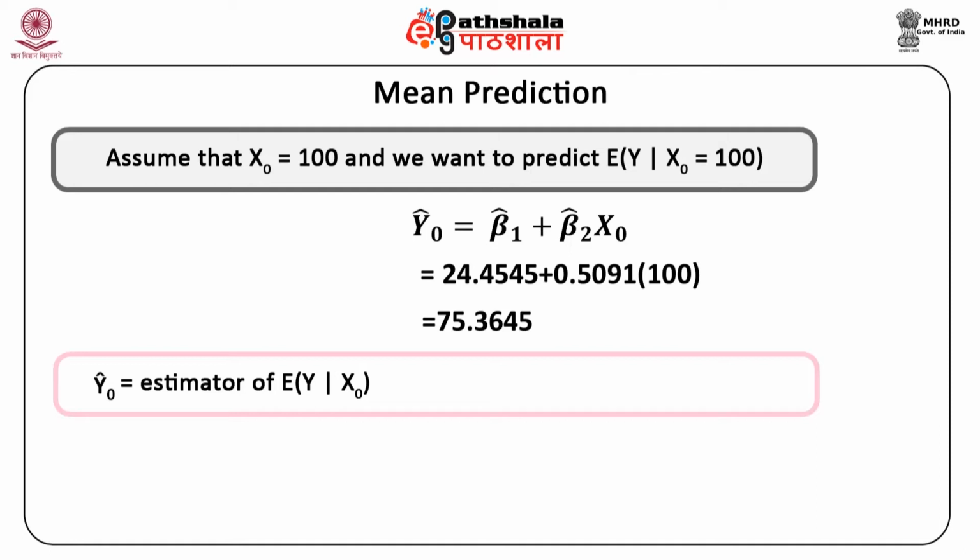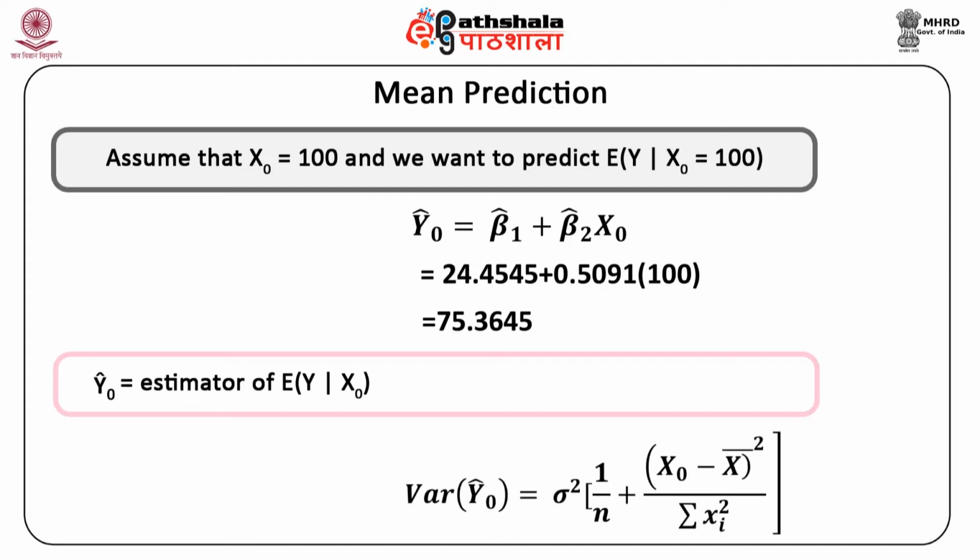To assess this error, we need to find the sampling distribution of y0 hat. y0 hat is normally distributed with mean beta 1 plus beta 2 x0, and the variance is given by the following formula: the variance of y0 hat is equal to sigma squared into the bracket 1 upon n plus (x0 minus x bar) whole squared divided by the sum of xi squared, bracket closed.